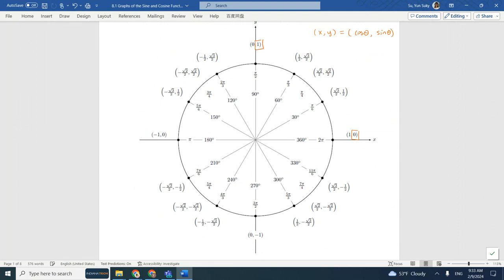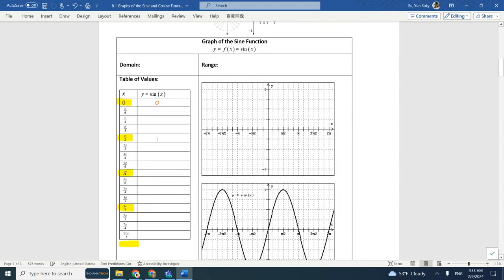Sine pi over 2 is 1. Sine pi is 0. And sine 3 pi over 2 is -1. Good. How about 2 pi? 0. Is that okay, everybody? 5 key points.